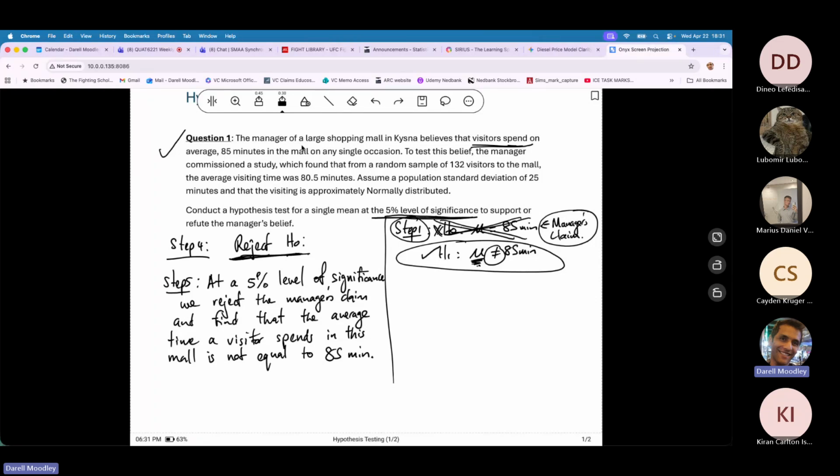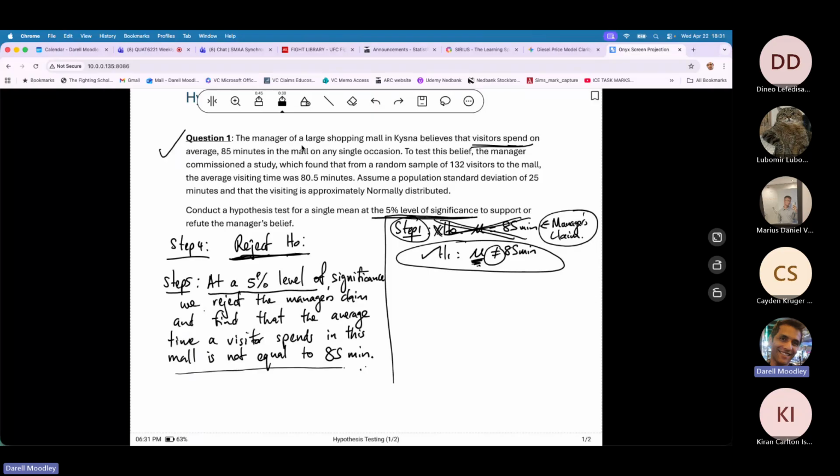It's systematic. You've got to do step 1, 2, 3, 4, 5, and make sure in step 5 that you conclude it as I've written it here. So you must say your level of significance. You must comment on whether you are accepting or rejecting the claim, and you must conclude in terms of what the problem is.